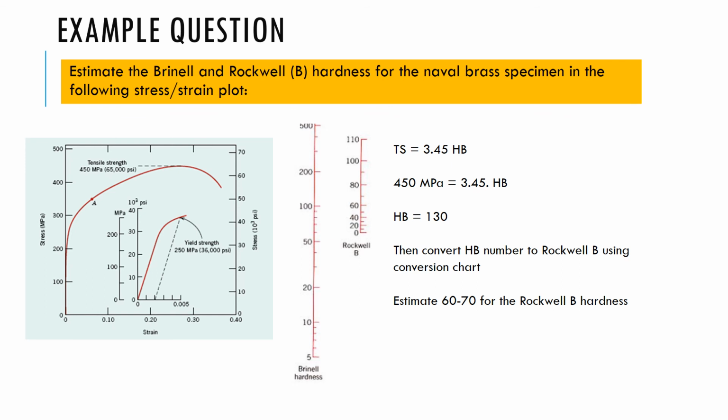When you do that, you get a value of 130 for the Brinell hardness. Then you have to look at the comparison of the Brinell hardness scale with the Rockwell hardness scale and estimate the value for the Rockwell hardness scale. So you can see the measurements here are a lot less precise than if you were just measuring the tensile strength of a material with the proper setup and the mathematics that involves.